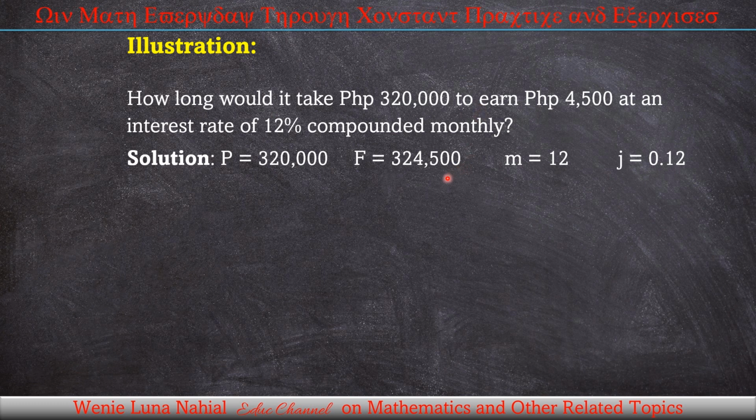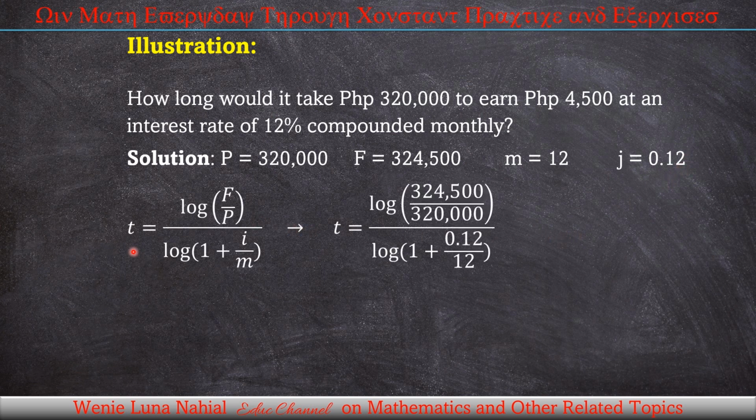So that becomes 324,500. And the total number of conversion periods, we have 12. So this is just good for 1 year. Then our nominal rate here is 12% or 0.12.